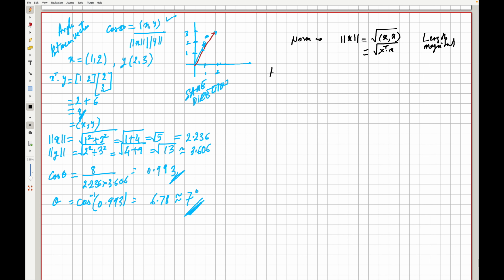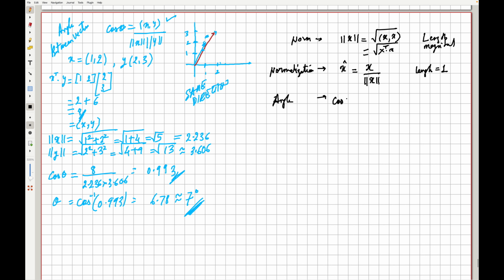Then we can use it for normalization so that vectors have a length of 1. If x cap is the normalized vector, we get that by dividing the original vector by the norm or length of that vector, so that it has a length that equals 1. And then we can also use the norm to calculate the angle.